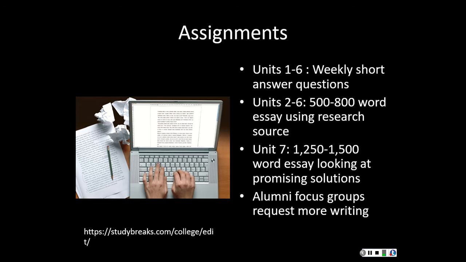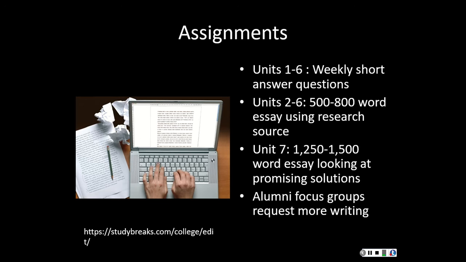Now, you're going to notice there are not traditional quizzes in this, although the short answer questions will be loaded in an assignment format. Many people ask why we do this, and I asked the undergraduate director of the program. I just kind of want to give you a little information. Every few years, we do focus groups with our alumni, and the goal of those focus groups is so that we can better work the program so that students get the skills they need when they graduate.